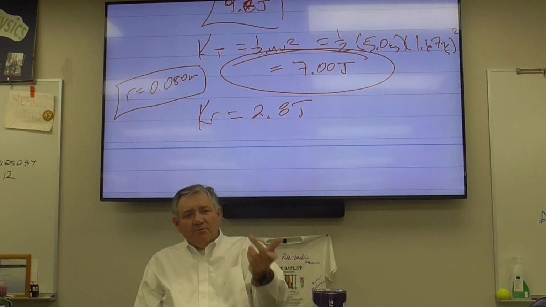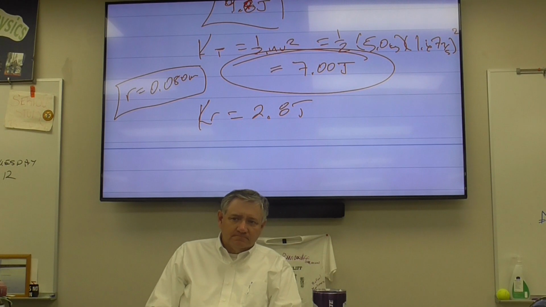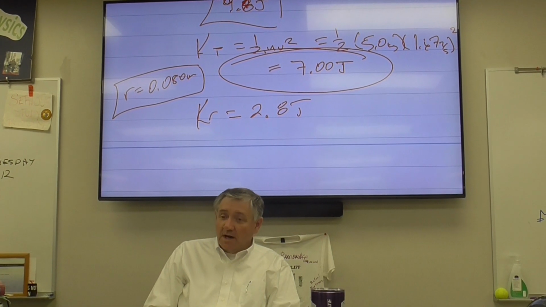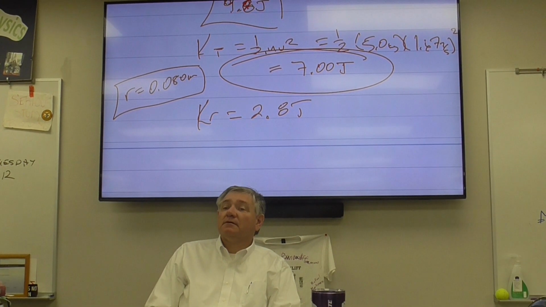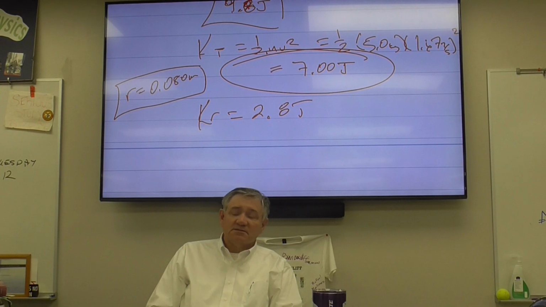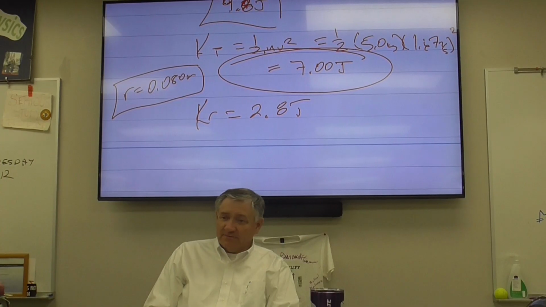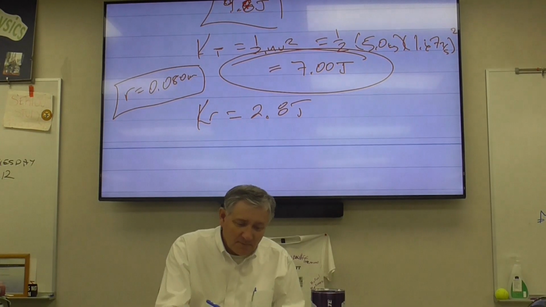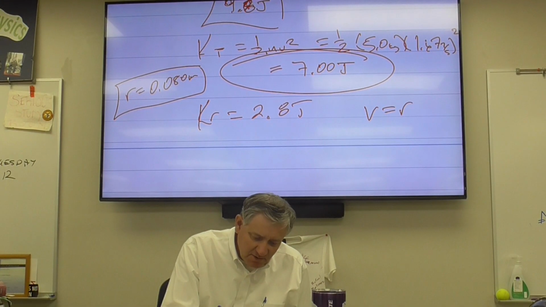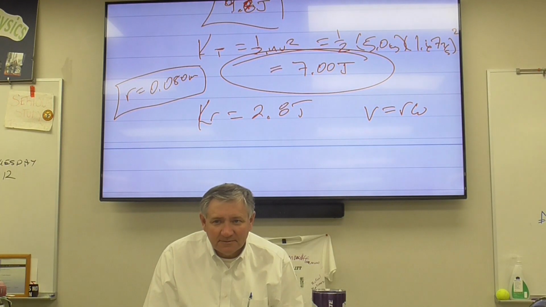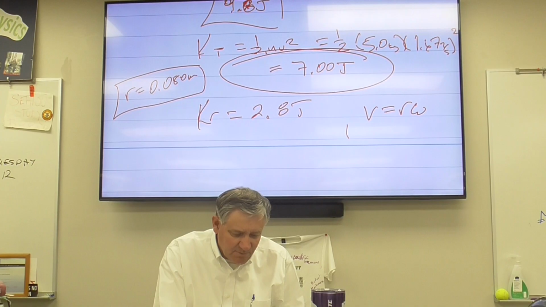Now, if I know that the radius of Hank is 0.080 meters, could I find my omega value? Yes, because you have R. Does V equal R omega? Yes, and you know V and you know R. So my V value is 1.67.